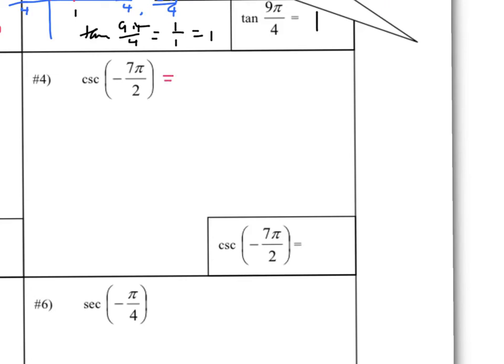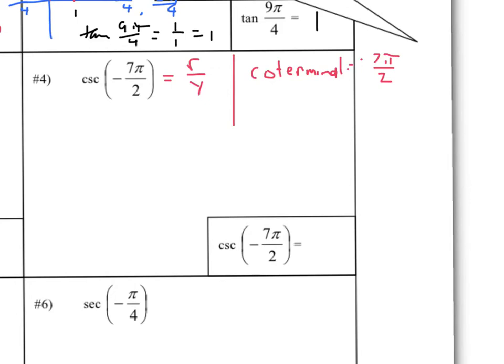Cosecant is the reciprocal of sine, so it's r over y. Negative 7 pi over 2 is not an angle in one complete revolution, so you may choose to find a coterminal angle. I'm going to do that for this problem. So negative 7 pi over 2, I want it to be a positive angle.